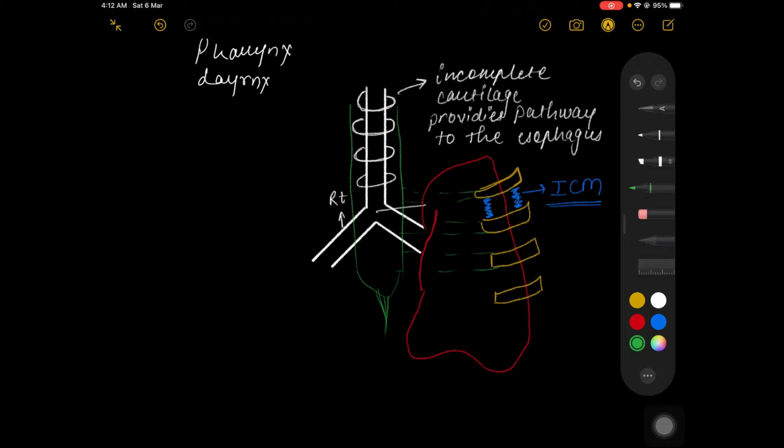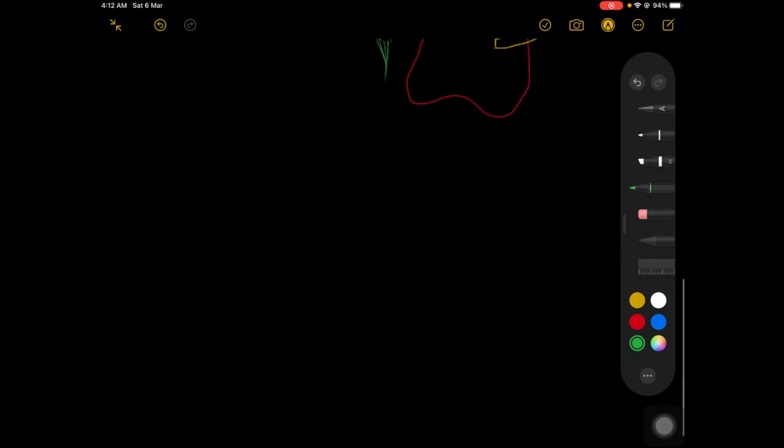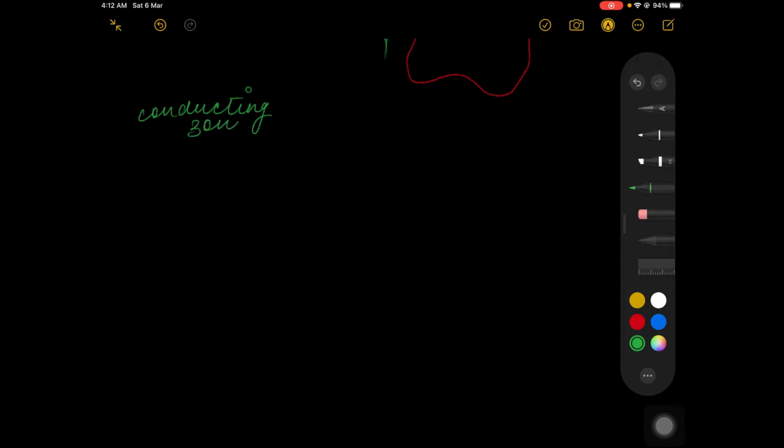Now, at this point where the trachea enters into the lungs, it further divides into various or different branches. The branches of the trachea inside the lungs form two zones. They basically form the conducting zone and the respiratory zone.